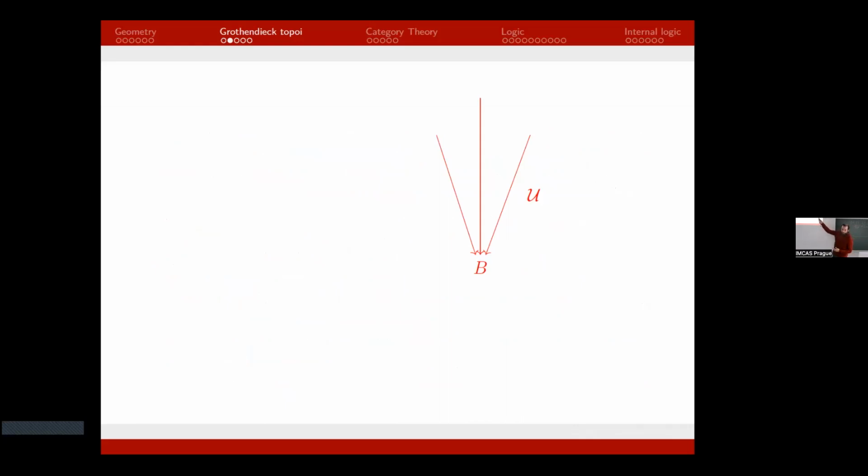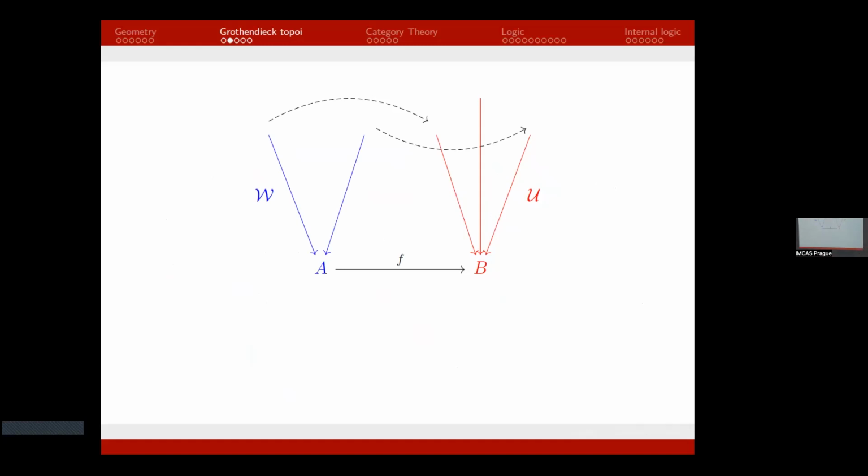We take an object B and we take a family that covers B. The property that we want is that for every map f from A to B, there exists a covering family W of A such that each composition of W with f factors through an arrow of the covering of B.